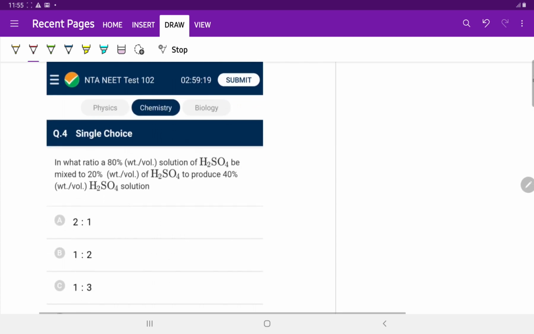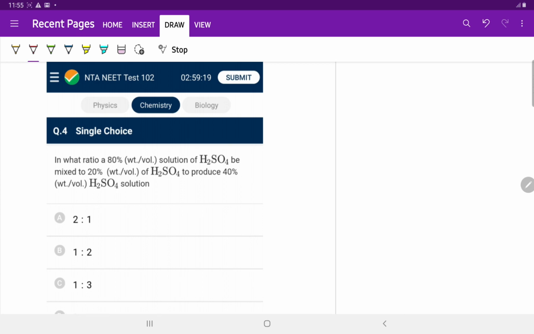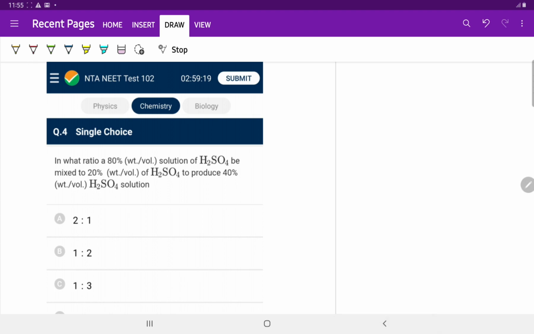Question number 4. In what ratio should 80% weight by volume solution of H2SO4 be mixed with 20% weight by volume of H2SO4 to produce 40% weight by volume H2SO4 solution? Let V1 ml of 80% and V2 ml of 20% be mixed.